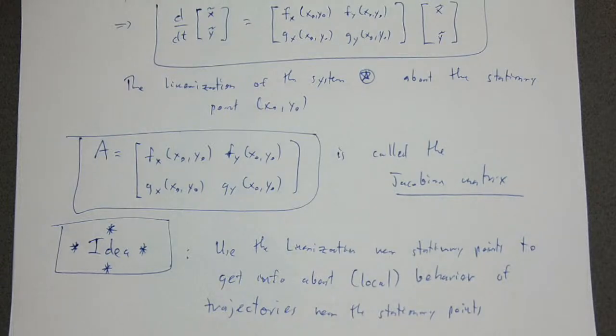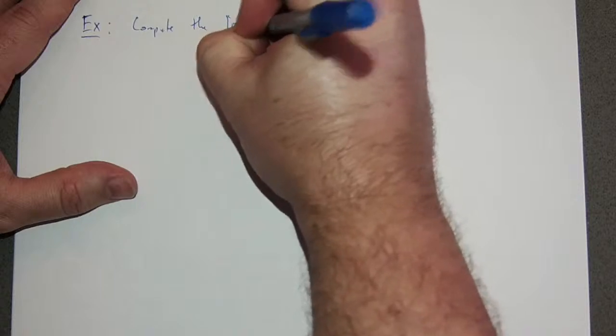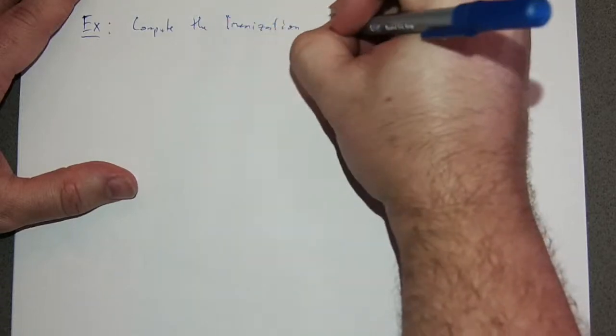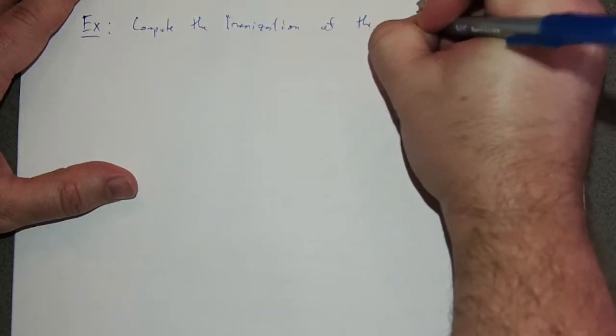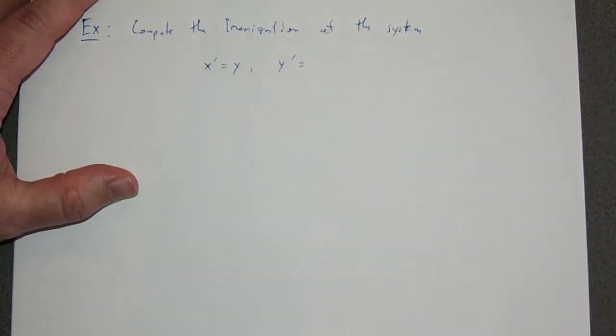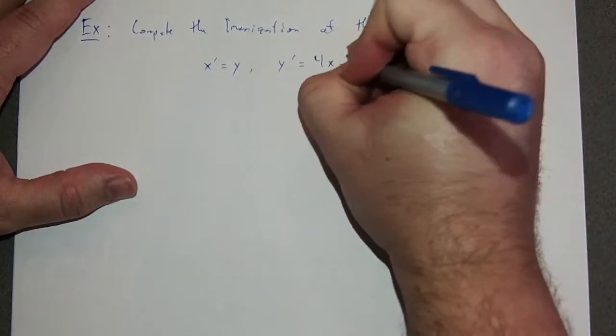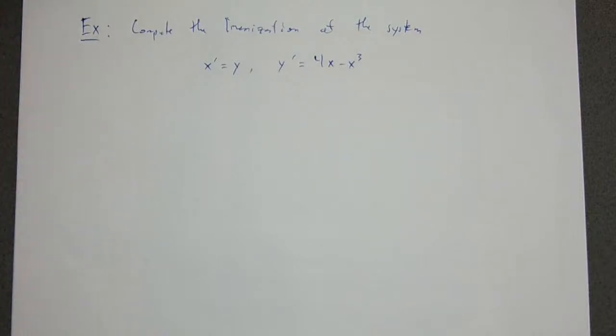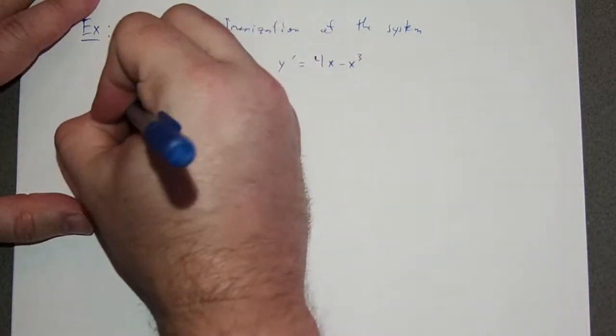All right. So how do we do this? Let's use an example, our favorite example from these couple sections. So let's compute the linearization of the system x prime equals y, y prime equals 4x minus x cubed, about each of its stationary points.